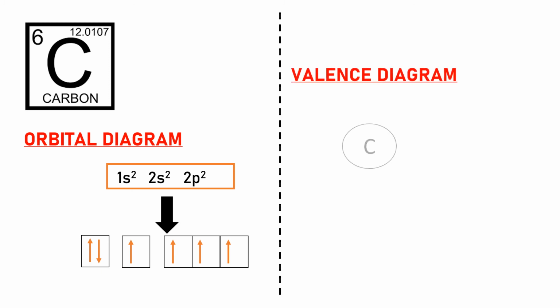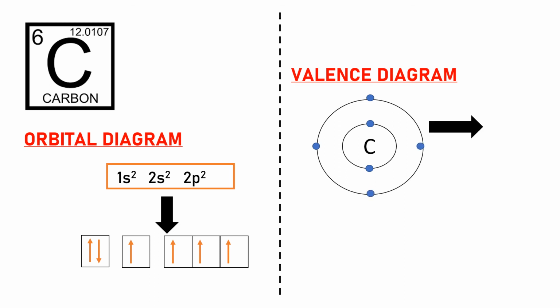Now for the valence diagram, we have here carbon. We have 2 at the core or at the center. And then another level or shell. We have here 3, 4, 5, 6. So there you have it.